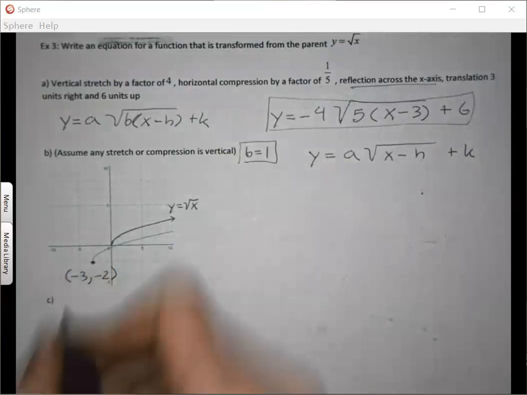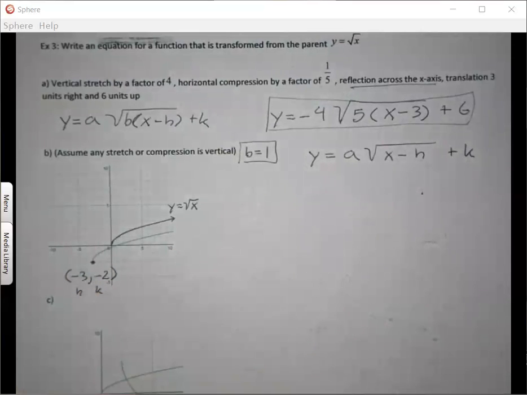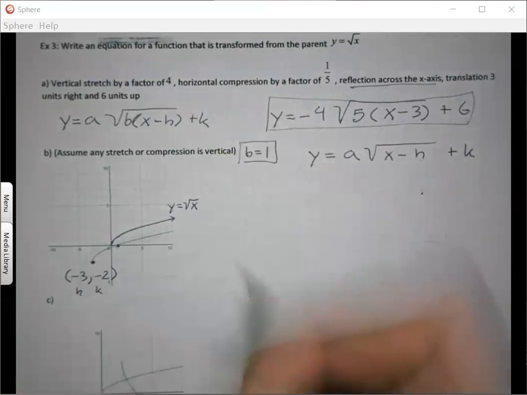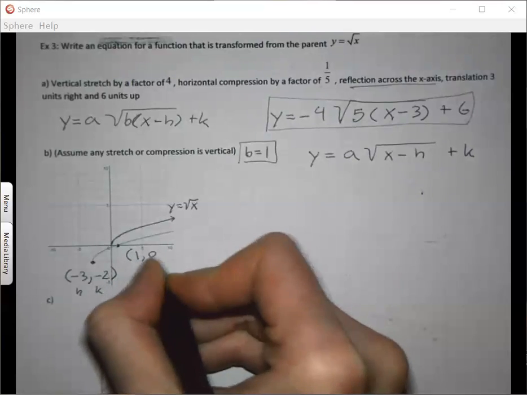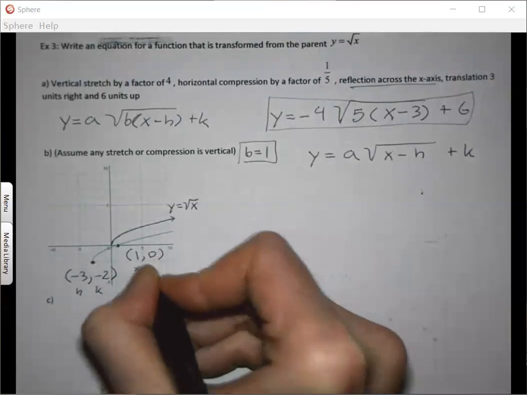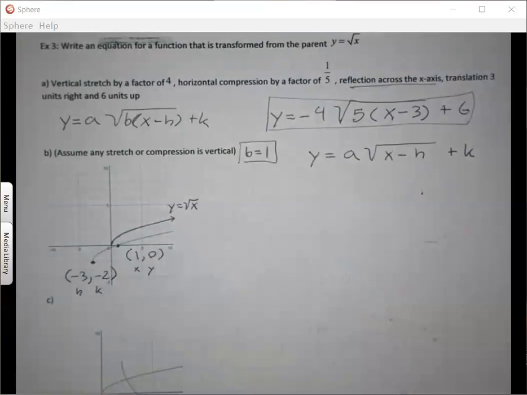And that gives us our hk. And then we need one other point. Just find a nice one. That looks good. 1, 0. And that's going to be an xy. Plug in your xy hk.